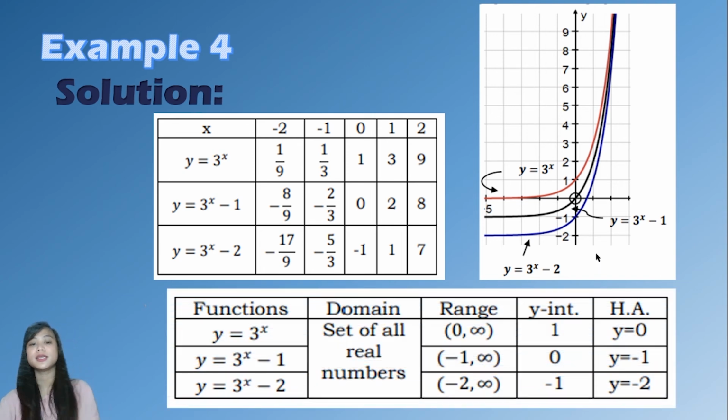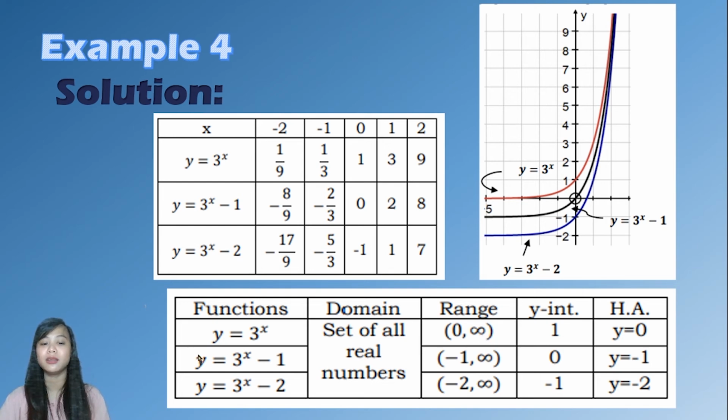For this, we can say that these are the properties. For the domain, the three functions have the set of real numbers, because those are composed of the form f of x equals b raised to x. We just have an additional constant term here. Then for the range, for the first function, we have from 0 to positive infinity.